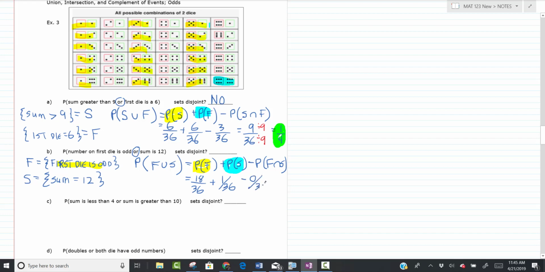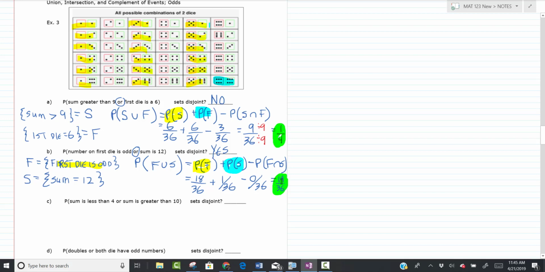Since the intersection of those two sets is empty, we would say yes, those sets are disjoint. Then when you get the answer on that, you would end up getting 19 out of 36 as the probability of that happening. Aren't these fun?